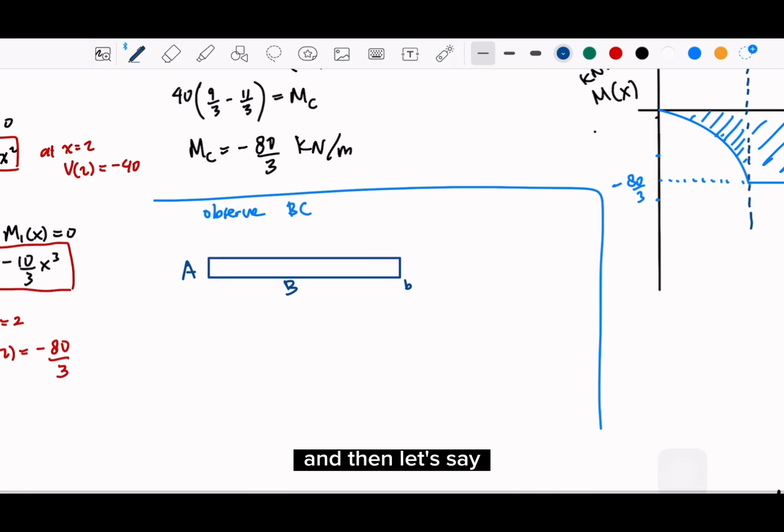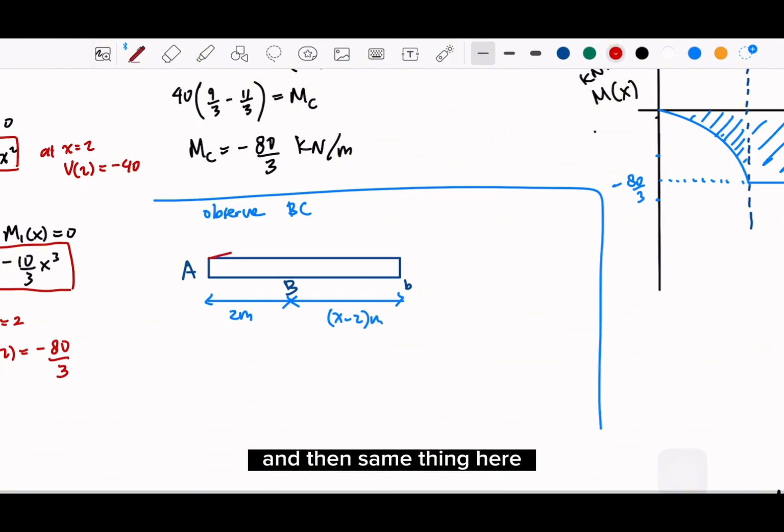And then let's say if this is 2 meter, we define the x as the A, the whole thing here. So this part here will be x minus 2 meter.